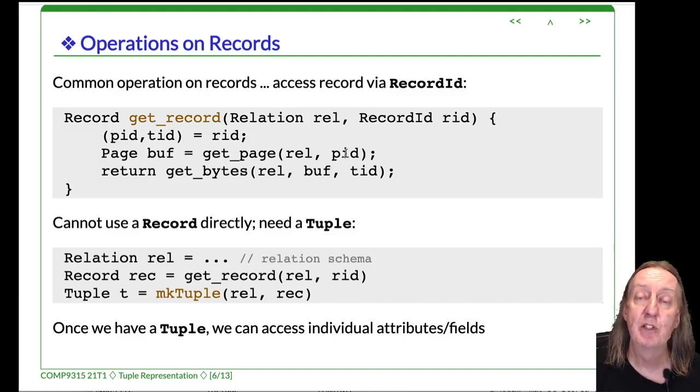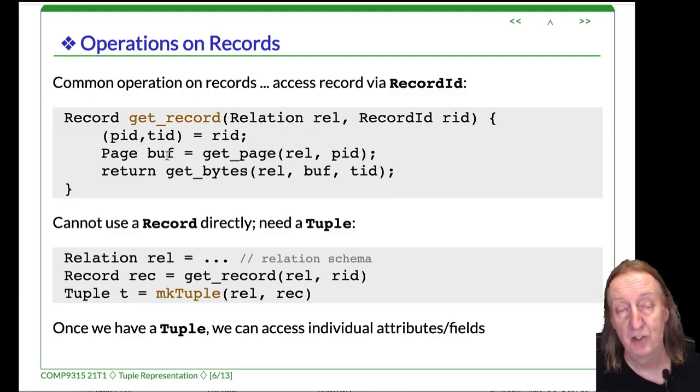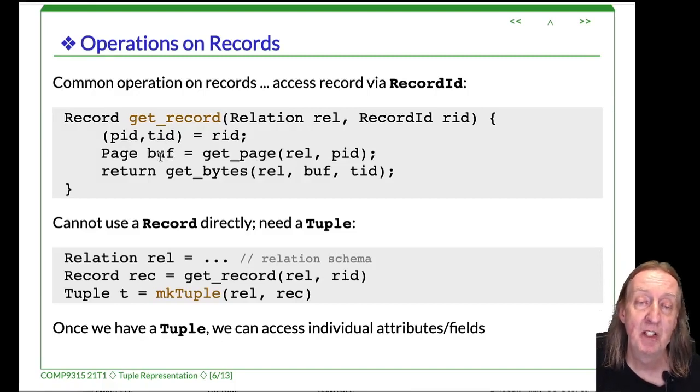We do obviously use the page ID to extract a page from that relation, store it in a buffer, typically somewhere in the buffer pool, and then we're interested in getting the record itself. So we need to know whereabouts the record is located, given the buffer information, given the directory, and given the tuple ID.